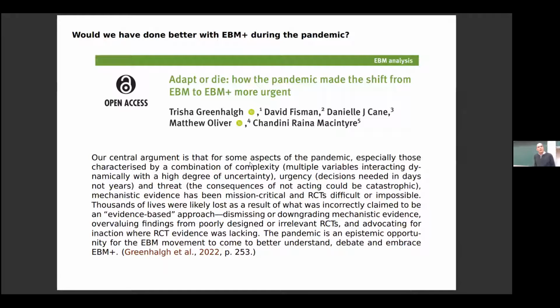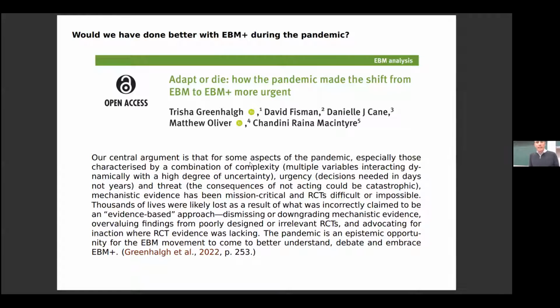Some people have recently argued that we would have been better with EBM+ during the pandemic than with EBM. Their argument is that for some aspects of the pandemic, particularly those characterized by complexity, urgency, and threat, mechanistic evidence has been mission critical and RCTs difficult or impossible.